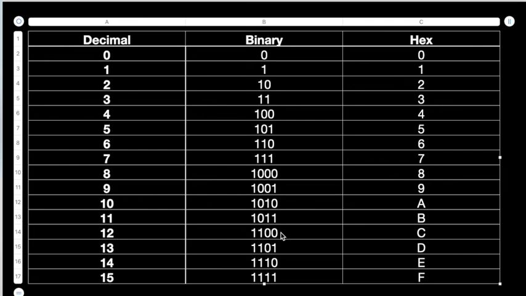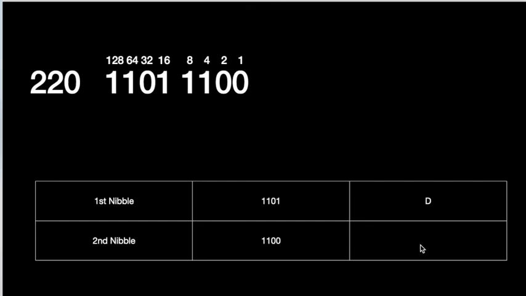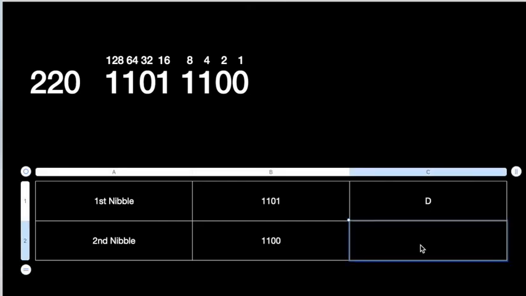Here it is, 1100, that's 12, and the hexadecimal representation of 12 is C. So the second nibble comes out to be C.